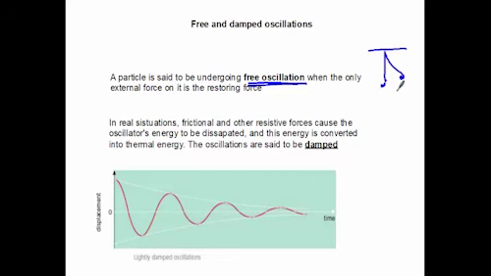So theoretically, the oscillations can go forever because no energy is escaping out. The object here will oscillate with the same amplitude.